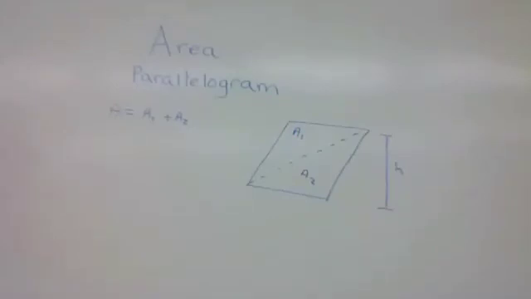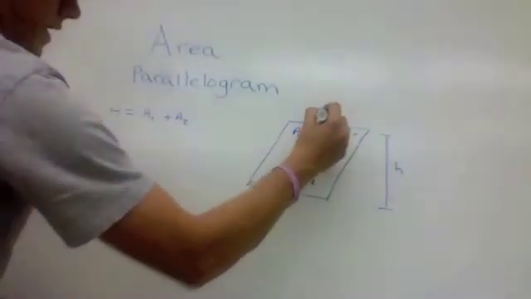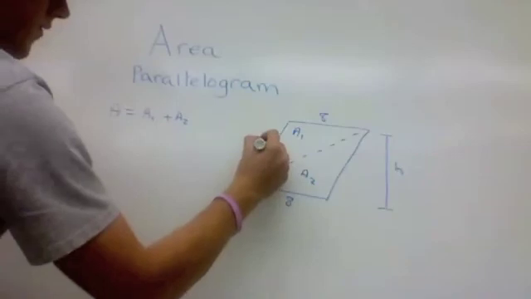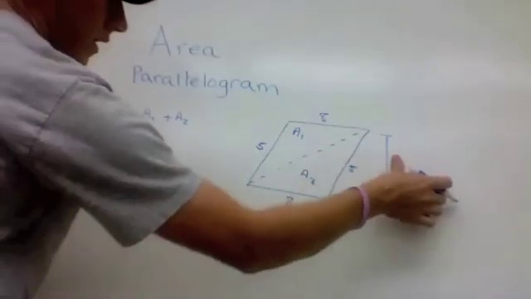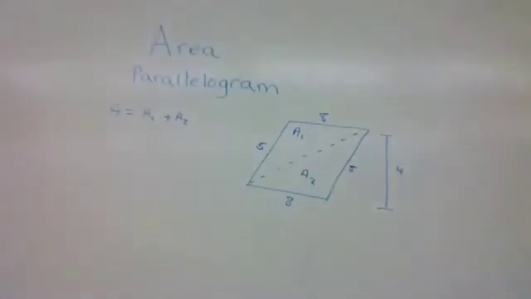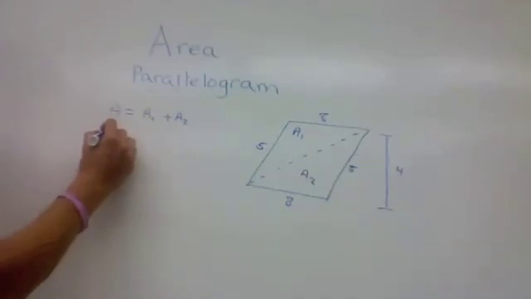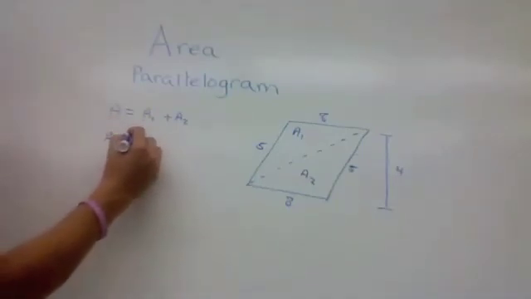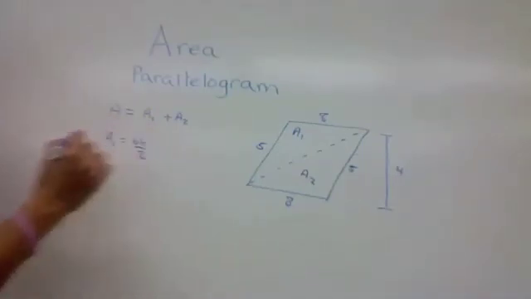So let's just say this side's 8, this side's 5, this side's 5, and let's change our height since it's giving us the height here of 4. If you remember correctly, since we have two triangles, area 1 is going to be base times height divided by 2.